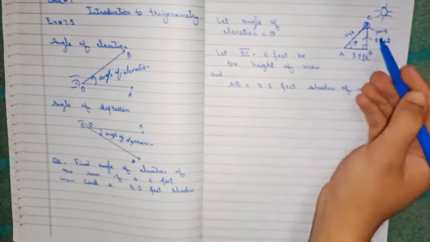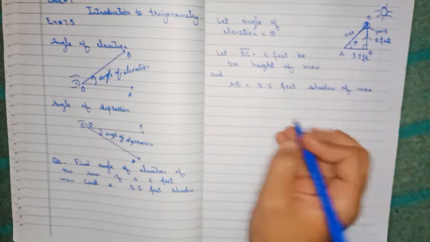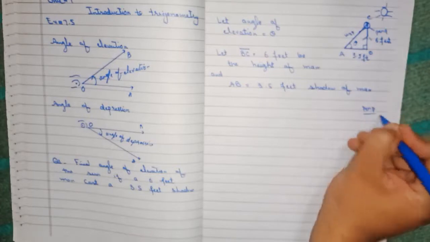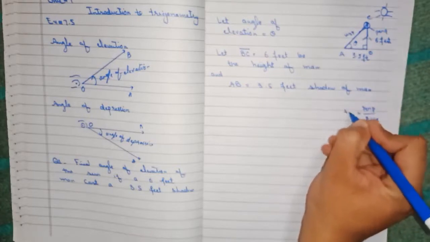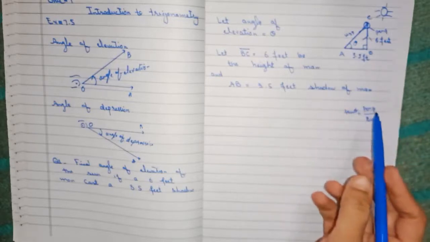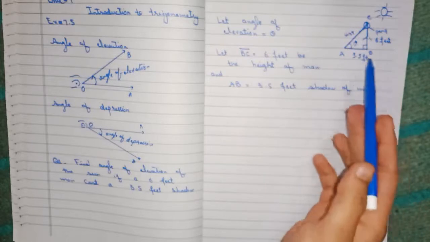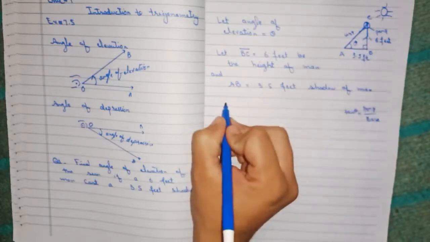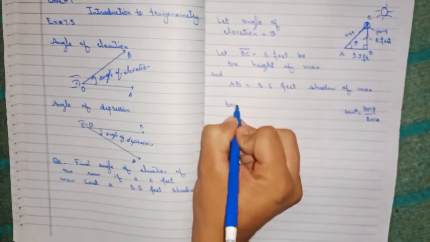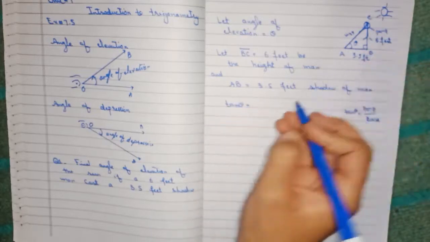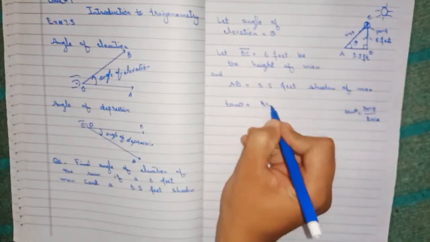So perpendicular over base, we know, is equal to tangent theta. We will use this trigonometric identity here because we want to find the angle theta. So tangent theta is equal to BC over AB.